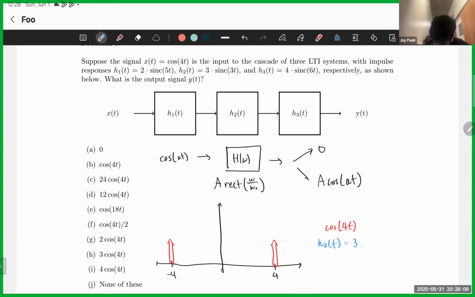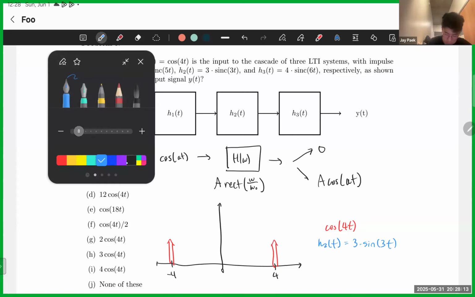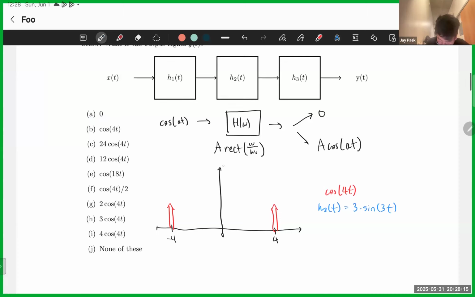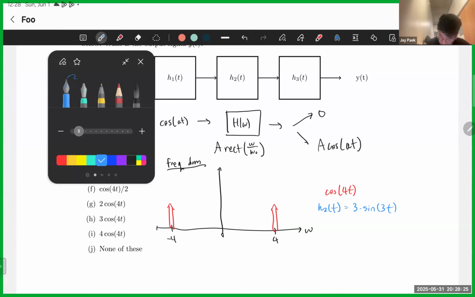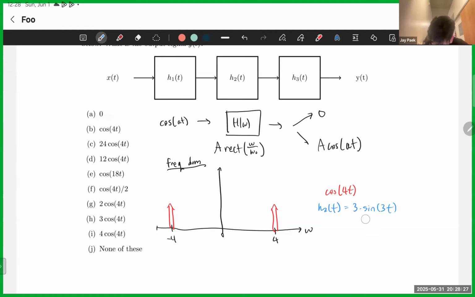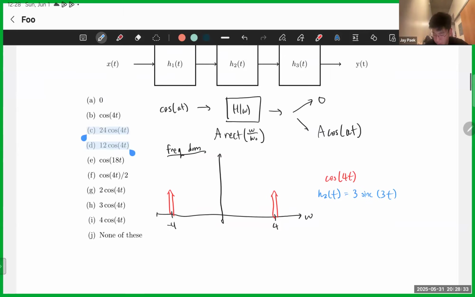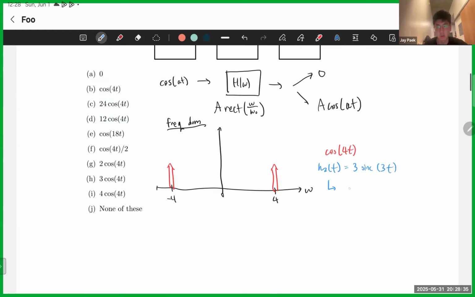This is 3. You have this. And in fact, let me label that this is the frequency domain. And this is not sine of t, but is sinc. There we go. Then what is my Fourier transform of that?